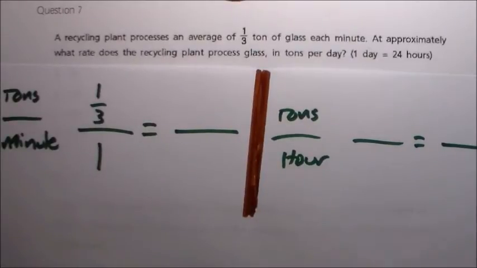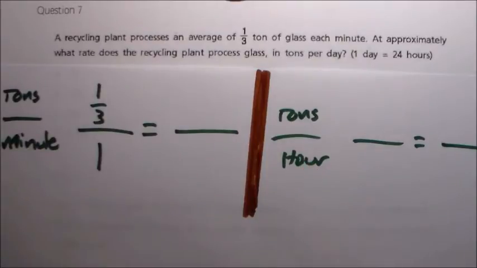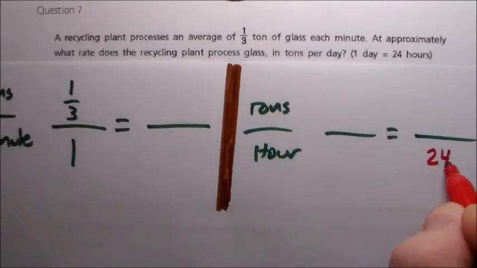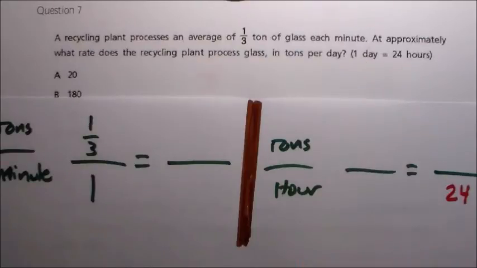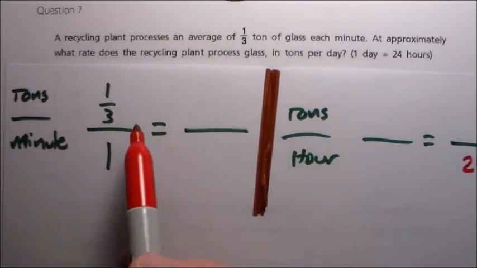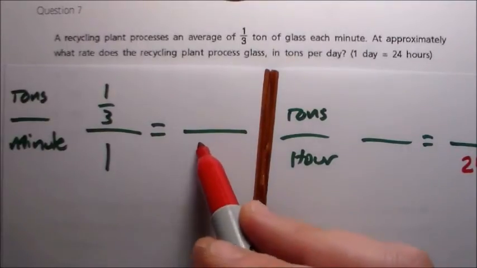Well, first, let's go from tons per minute to tons per hour. Once we know per hour, if we get per 24 hours, that's per 1 day, right? Because it tells us 1 day is 24 hours, as if we didn't already know. So let's first get tons per hour. How many minutes are there in an hour? 60.